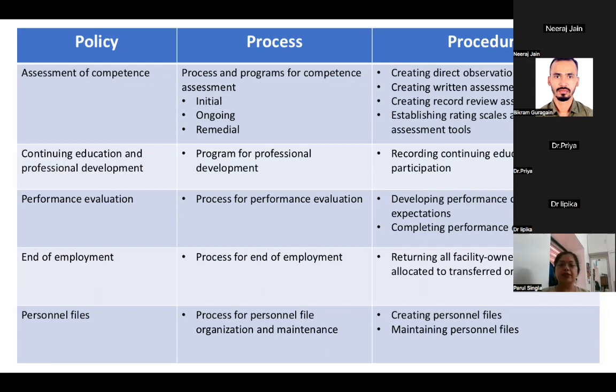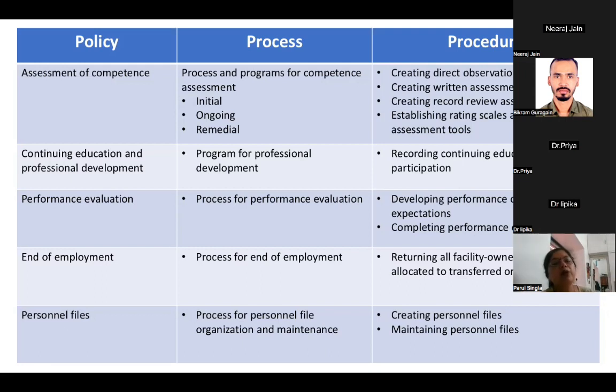You have a process that we have a competency assessment initially through job description, then ongoing assessments through these procedures like direct observation. When you write a procedure, and you want to maintain a record of that, there only you will say that this competency which is assessed by written assessment will be recorded and maintained in the form of this format.